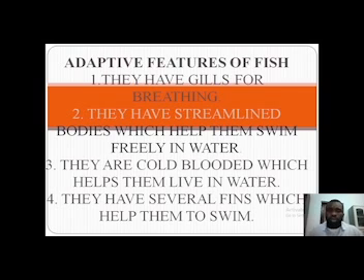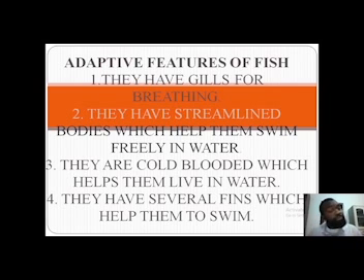What aids us in breathing is the lungs, while for the fish it is the gills. That is why you cannot survive in the water, because you don't breathe with gills. Human beings don't possess gills. They have lungs. Okay? So that's number one.